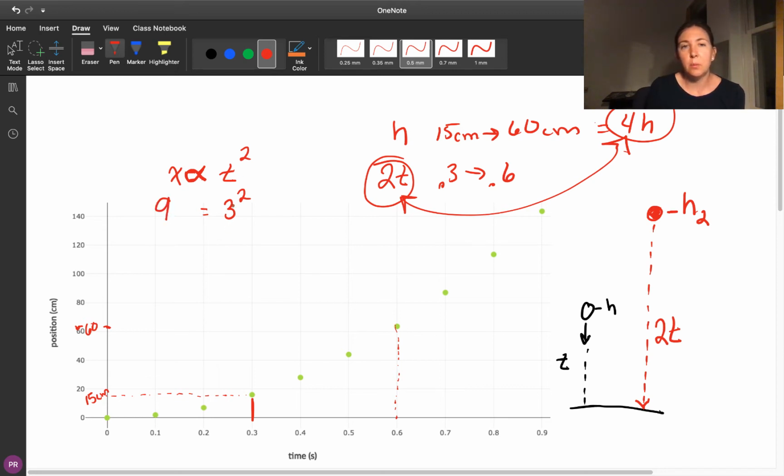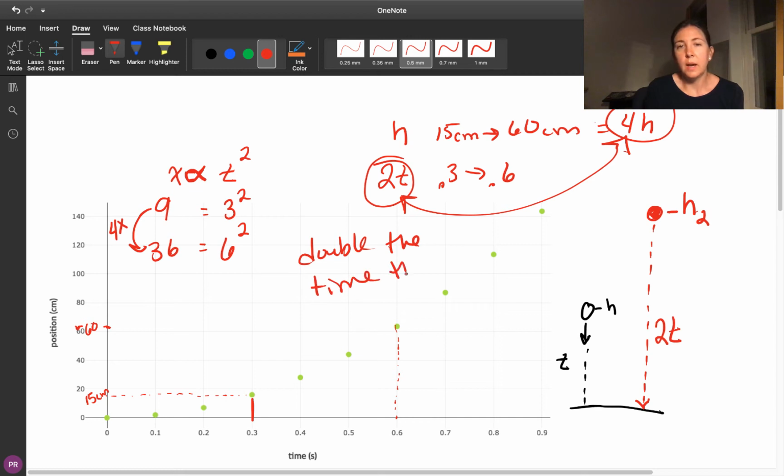If I double my time to 6 seconds, 6 squared is 36. And so 36 is 4 times bigger. So I double the time, the height quadruples.